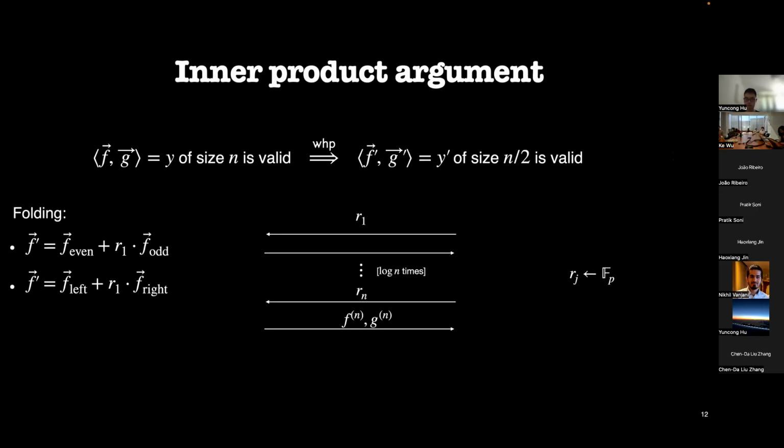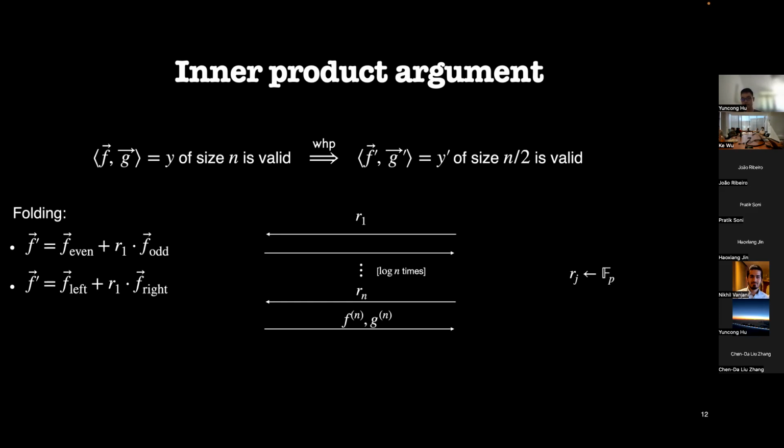This folding also benefits us for the time, because verifying whether the inner product of two vectors of size n is equal to a claimed result is very hard for the verifier. But if you can reduce this problem to a smaller problem, by divide and conquer, until it is reduced to a constant size problem, this can be done by the verifier efficiently.